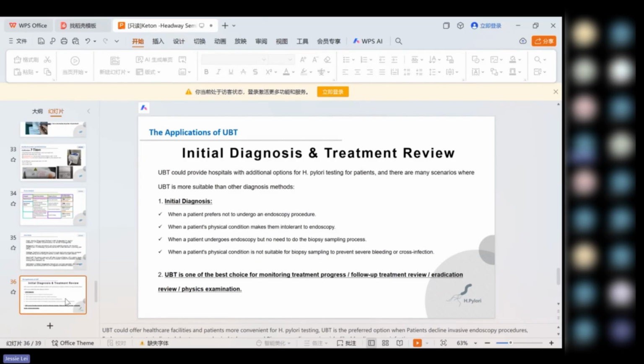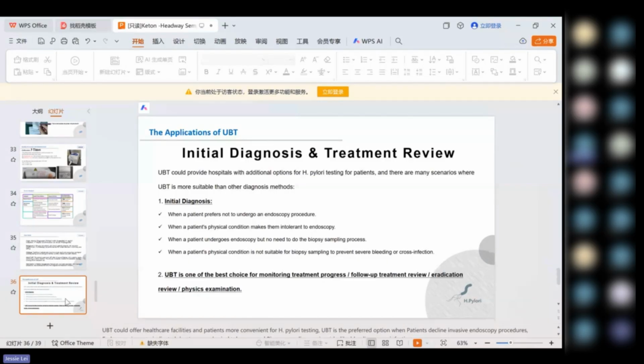Urea Breath Test can offer healthcare facilities and patients more convenient H. pylori testing. Urea Breath Test is a preferred option when patients decline invasive endoscopy procedures. Some patients refuse invasive procedures because of poor physical condition, and the biopsy sample can lead to bleeding or cross infection.